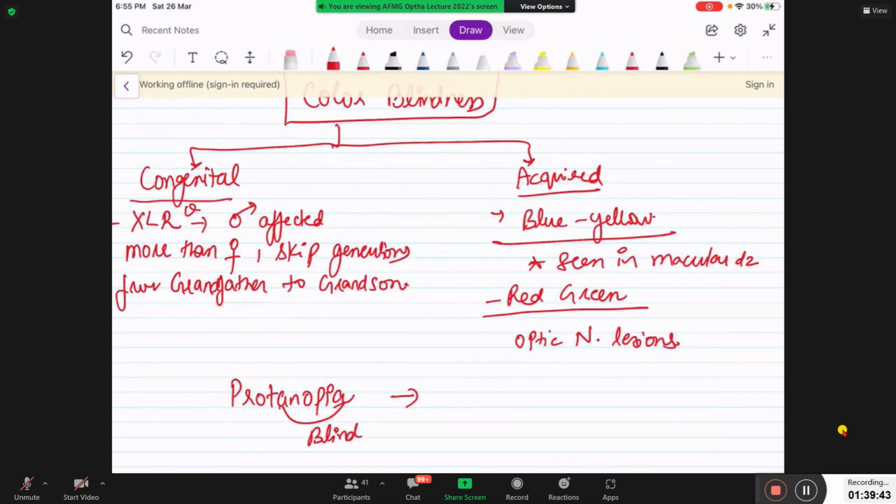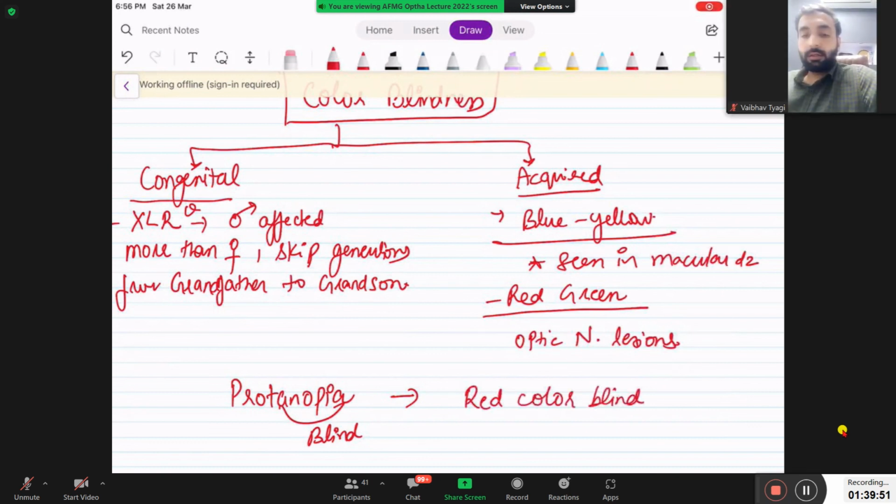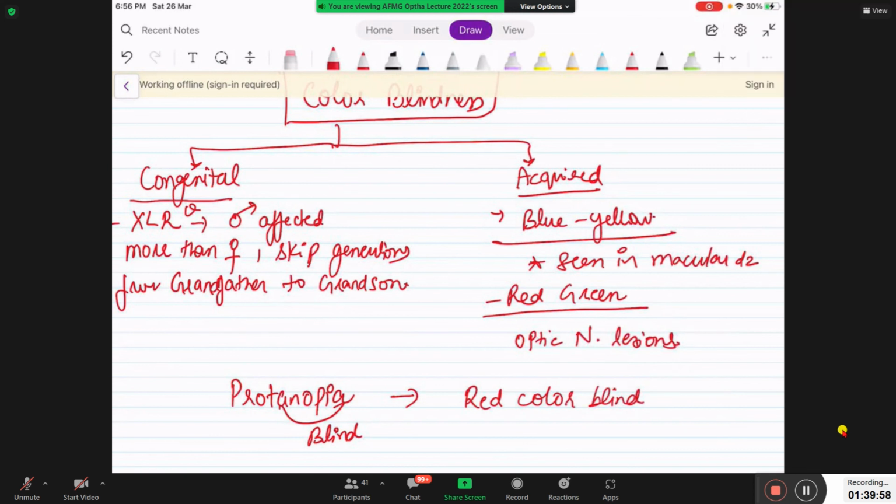Protanopia means the patient is red color blind. Treatment is not important from your exam point of view. So protanopia is red color blind.